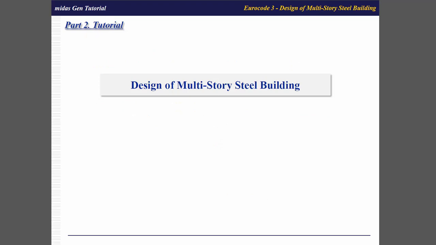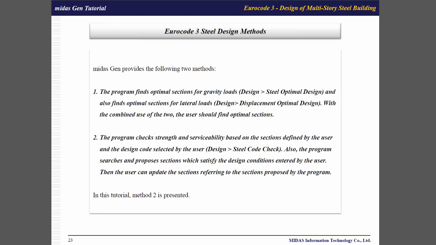Okay, now we go into part 2, the tutorial. Let me talk about the model that we will analyze first. Midas Gen provides the following two methods. The first one is that the program finds optimal sections for gravity load, doing a steel optimal design, and also finds optimal sections for lateral loads, and with the combined use of the two, the user should find the optimal sections.